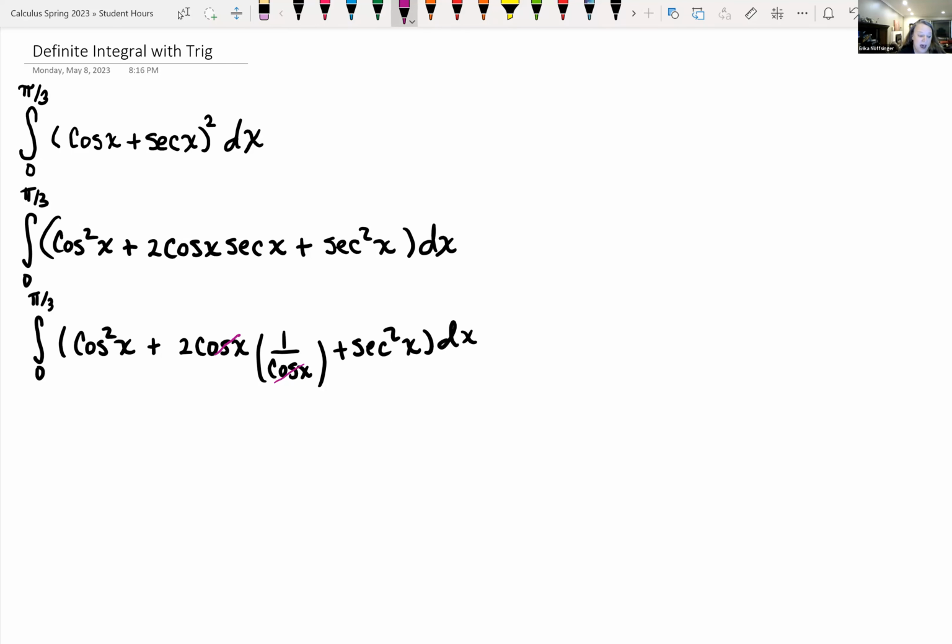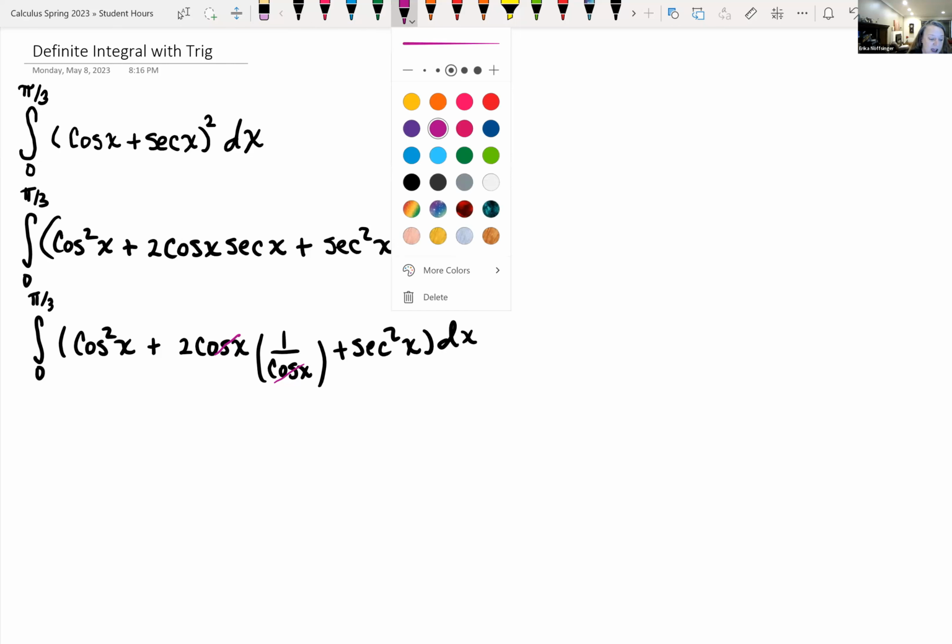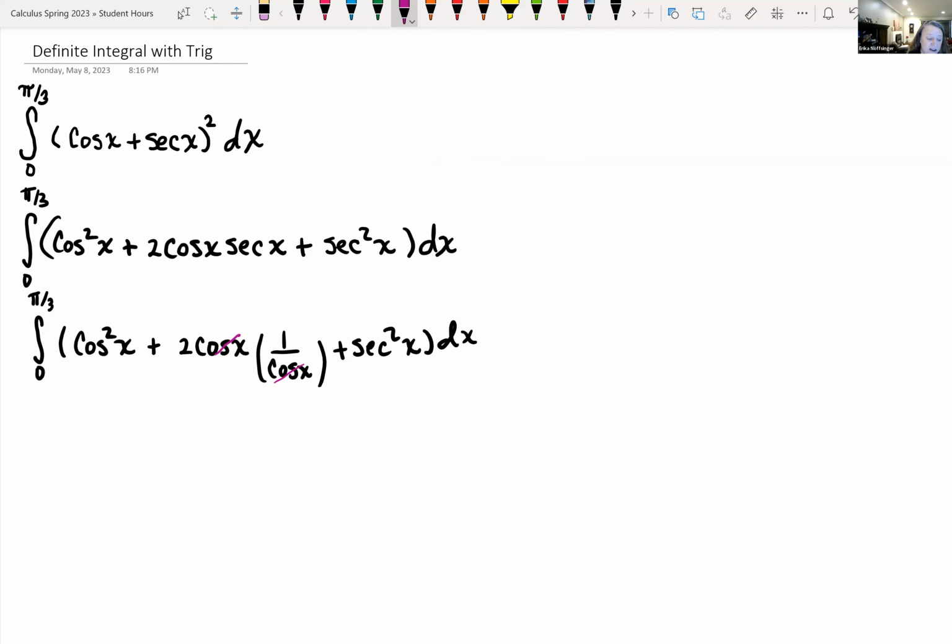So we want to go back and use one of our identities for our trigonometric function, cosine squared x. We actually want to use our half angle identity. So recall, if we had cosine of a divided by 2, and that was our angle, this would be equal to the square root of 1 plus cosine of a all over 2.